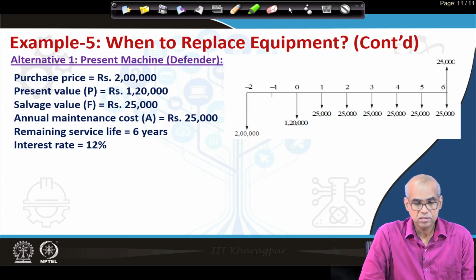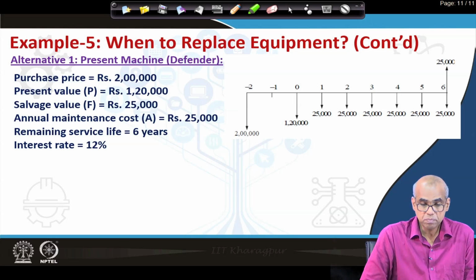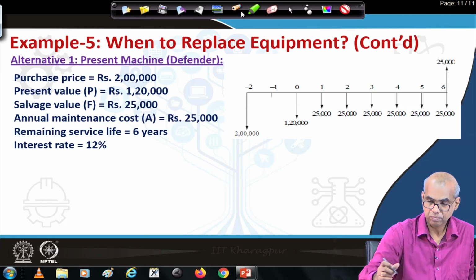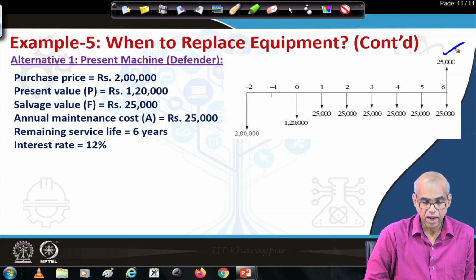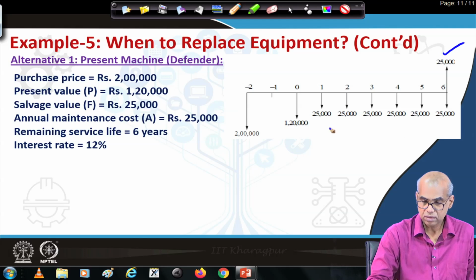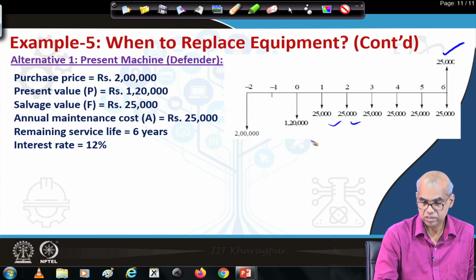So, first let us find out the equivalent uniform annual cost for the present machine, which is also known as Defender. The purchase price is rupees 2 lakh, present value is rupees 1,20,000, salvage value is 25,000, and the annual maintenance cost is rupees 25,000. Remaining service life is 6 years.